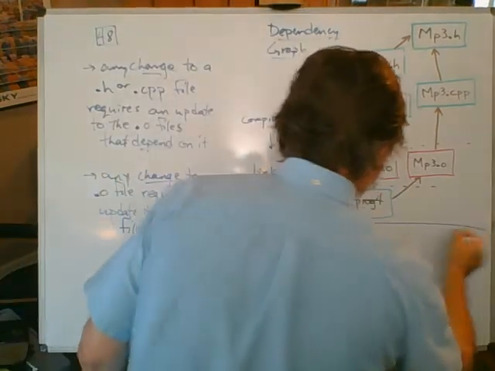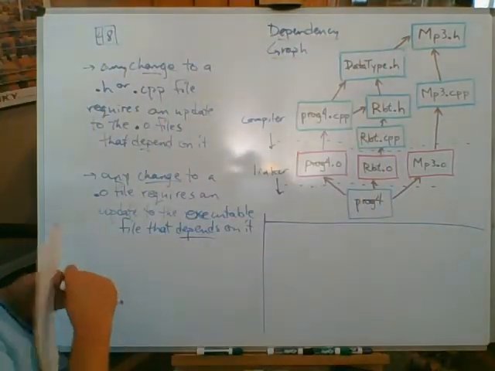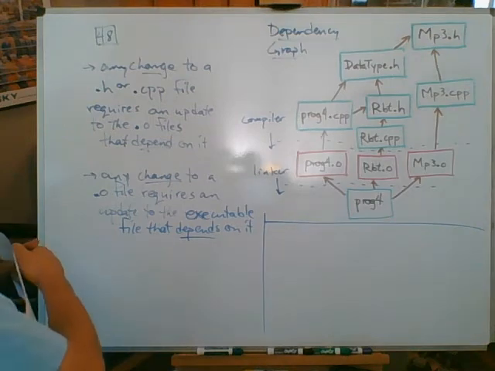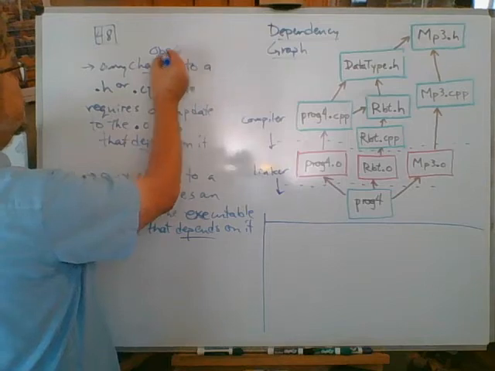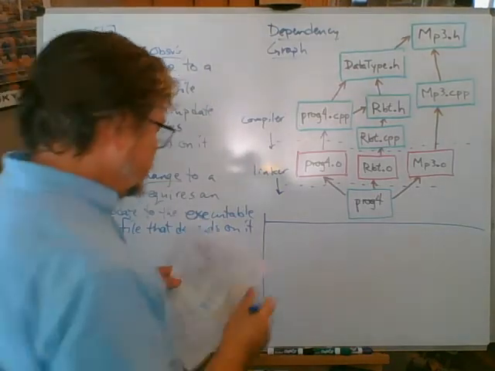Now, carve out a box down here. This is not part of the dependency graph. It's not part of my bullet point observations over here. These were observations, OBSVS. Here's another observation.